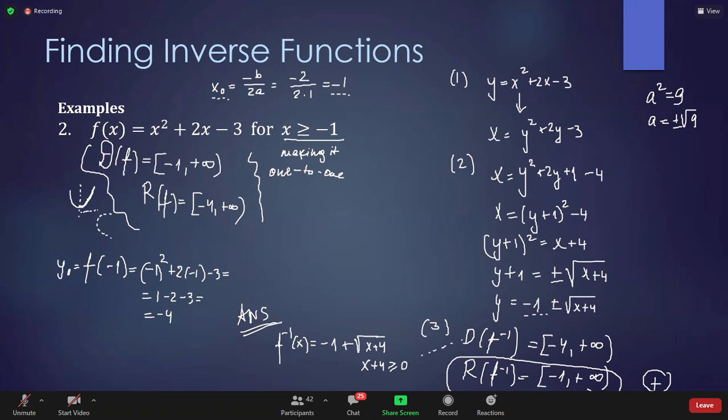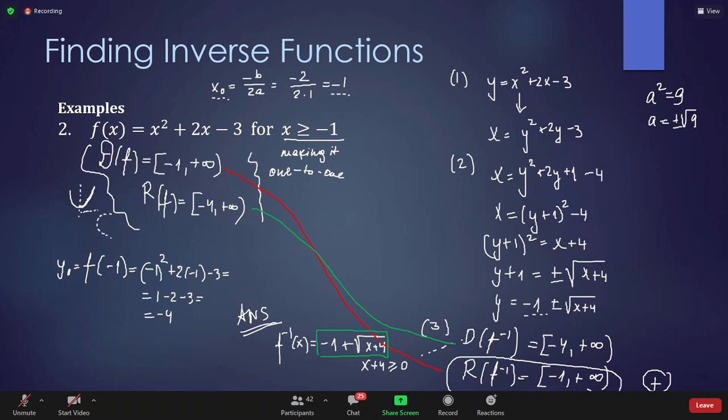So let's make it colorful, just to remind you that these two must be the same and that these two must be the same. At the same time, we look at the formula and verify that the domain and the range work. This is what I meant by the third part. Sometimes we may need to verify the domain and the range, to make sure that everything fits, that we actually do have a function.